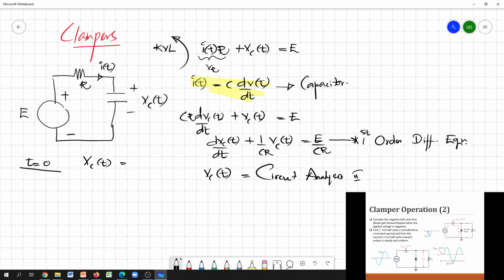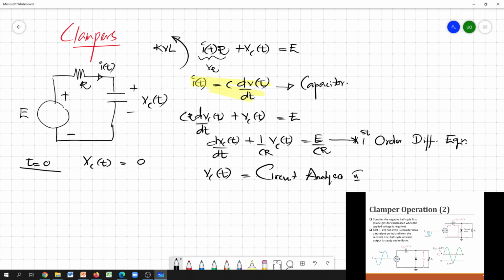There won't be any voltage across the capacitor, because we just plug the capacitor in between the resistor and the source. So the initial voltage would be 0. So the voltage drop across the capacitor is now 0. So what about the current flow through the network?